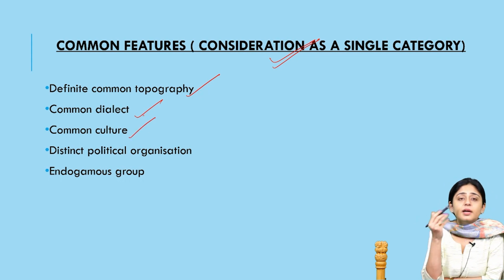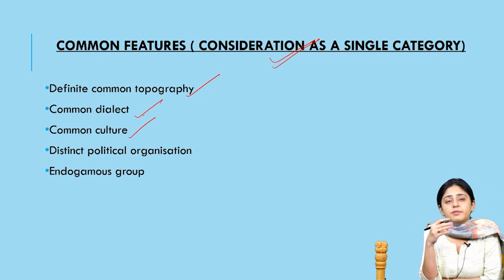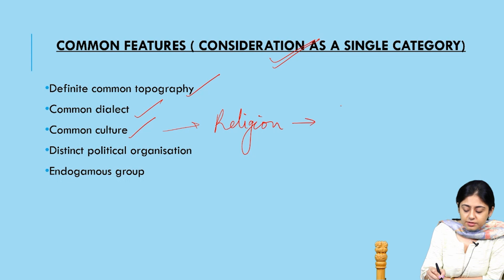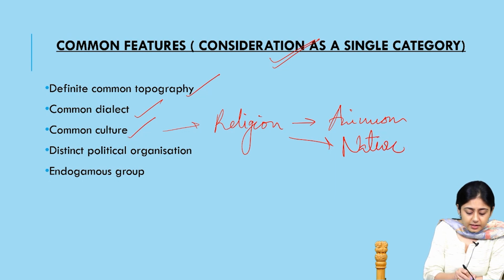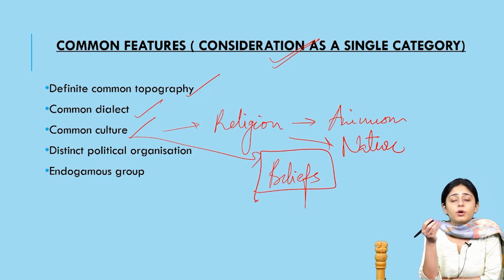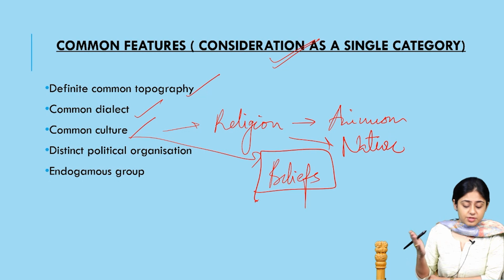They'll have one common culture. Their cultural practices are very, very different. And the religion will be seen as related to animism or worship of nature, right? Their beliefs, right? All these are common features when we talk about tribes, like how they are different from the mainstream population.